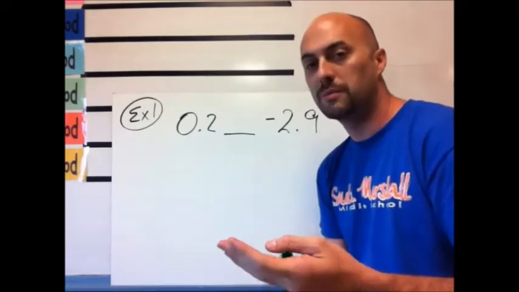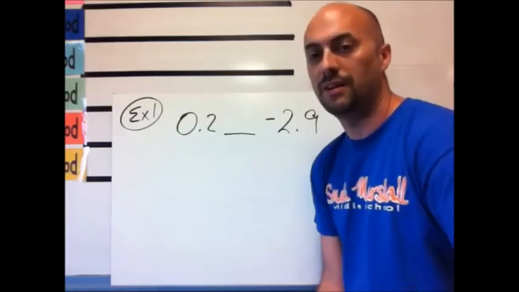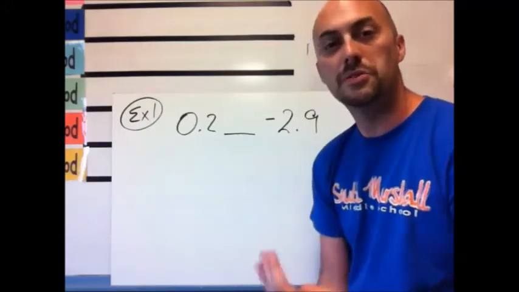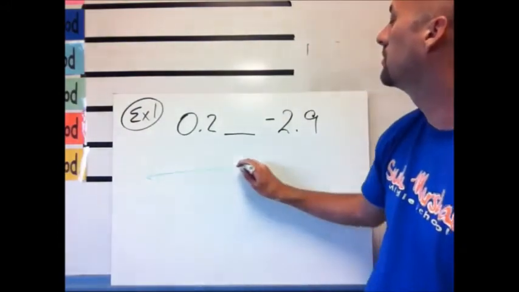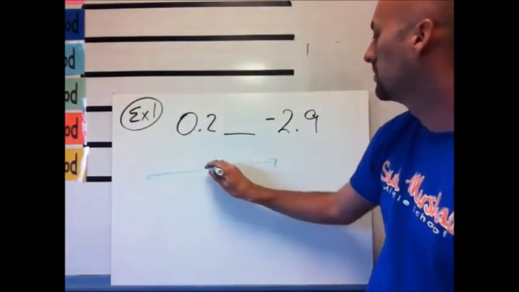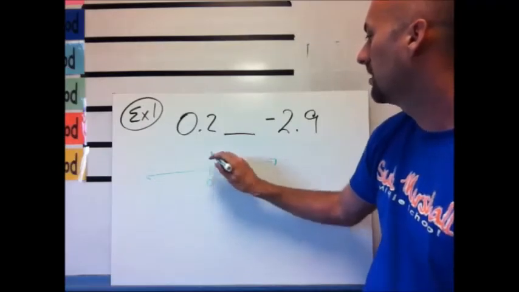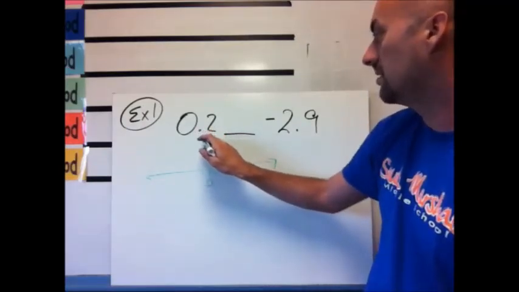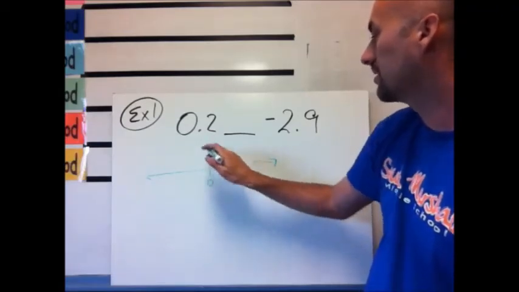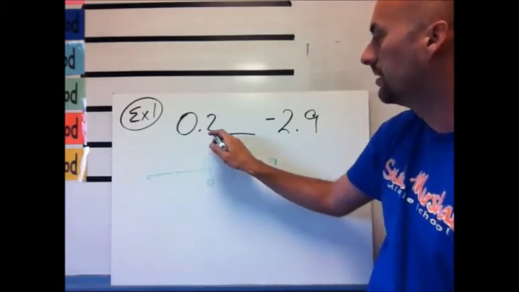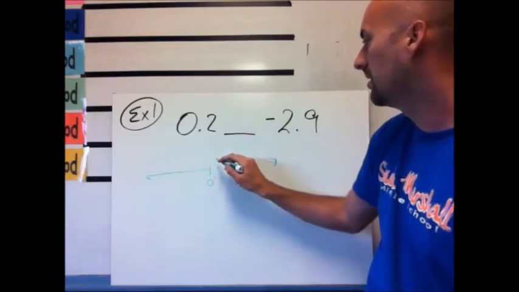But let's go ahead and put it on the number line because I do want you to use the number lines. Okay? Number lines are going to help you visualize that and see it. And it doesn't take that much extra time to do this. And I'm going to put 0 here. Okay? This is more than 0, but not quite 1. And is it closer to 0 or closer to 1? Well, that's 2/10.